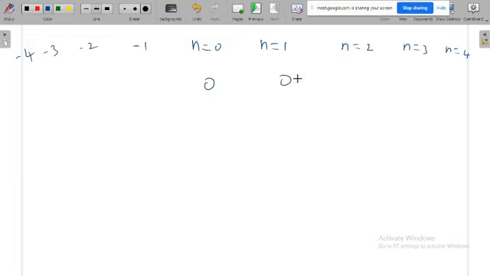If you see here, 0, 0, 0, and when n is equal to 3, what are we getting? 1 by 16, this is 1 by 32. 0, 0, 1 by 16, 1 by 32. So you just plot it as a graph finally.